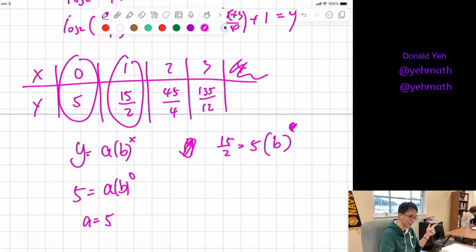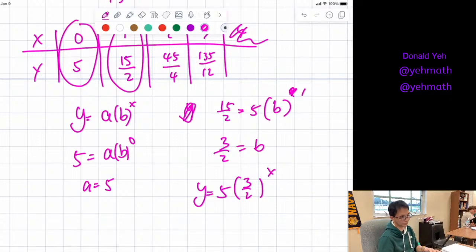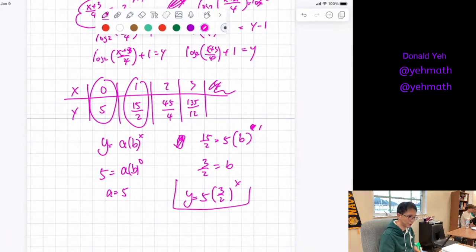Well, x is 1. So can I find out what B is? I can divide both sides by 5, right? So it'll be 3 over 2 equal to B. So then you can figure out that it's 5 times 3 over 2 to the x. And then you can figure out what the equation is.